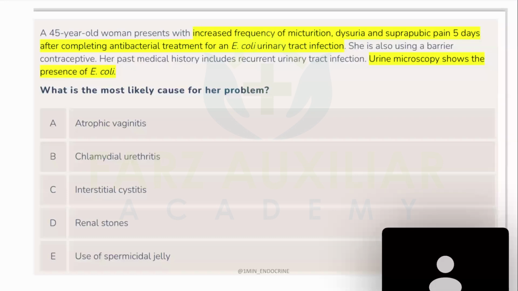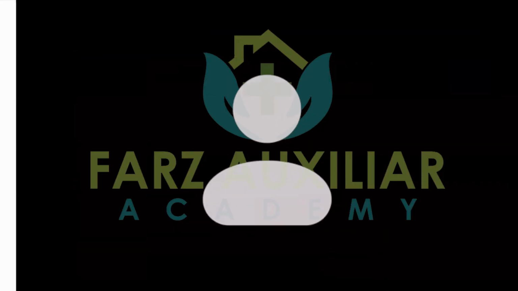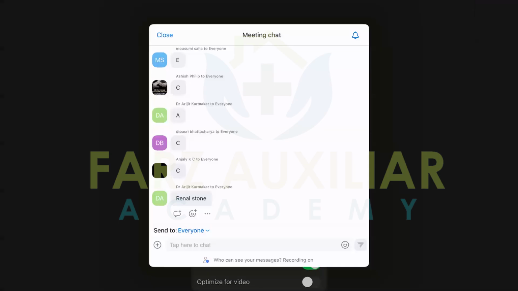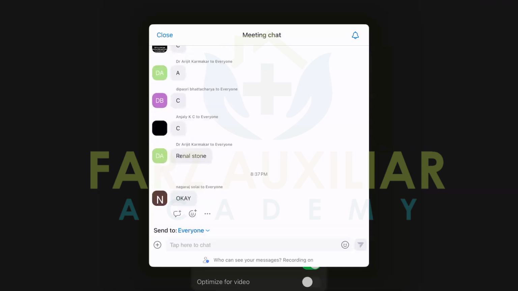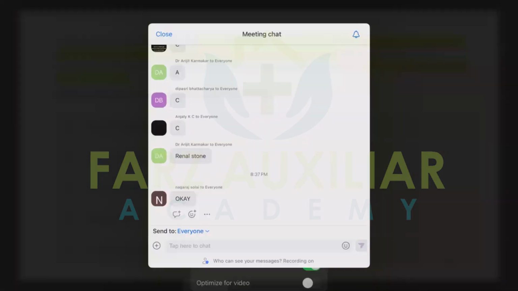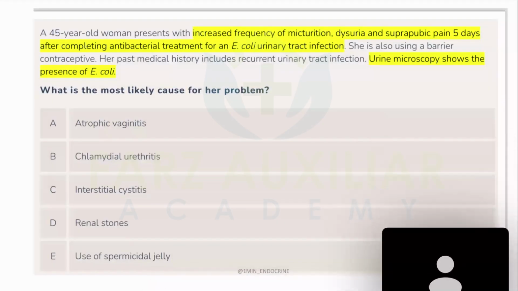Atrophic vaginitis, if the age was 60 plus, 65, 70 years, then atrophic vaginitis would have been a very good call, but it is not so here. So the answer is renal stones. This question has come either in this shape or in some other shape, like how to investigate: USG, X-ray, MRI. The answer is USG first, then X-ray. So recurrent UTI, the most common cause is renal stones or some renal mass.